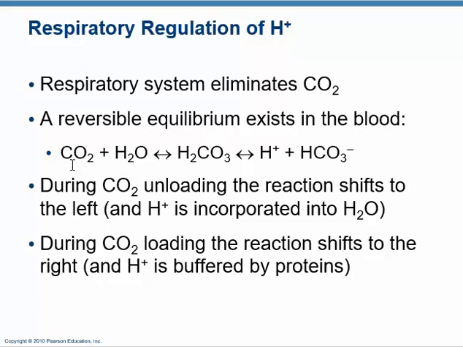And so this CO2 plus H2O becoming H2CO3, which becomes hydrogen and bicarbonate, will produce hydrogen ions, or it can go this way and produce carbon dioxide, and you can breathe that out. So when we're unloading, the reaction shifts this way and things become carbon dioxide. When we're loading CO2, it goes the other way.